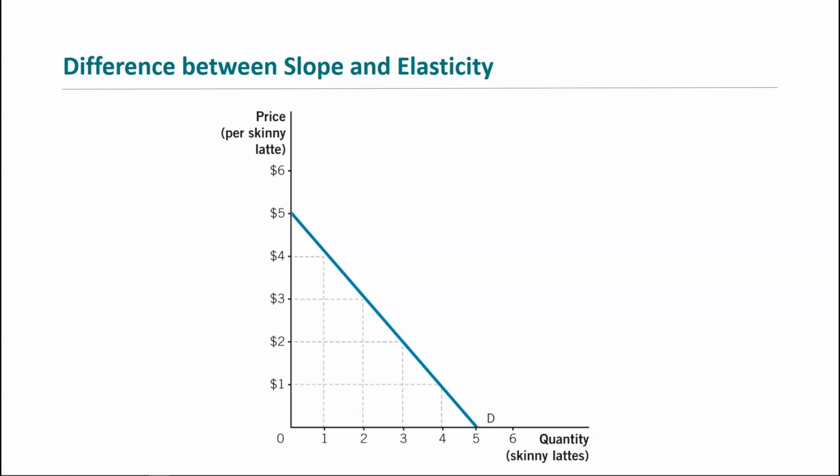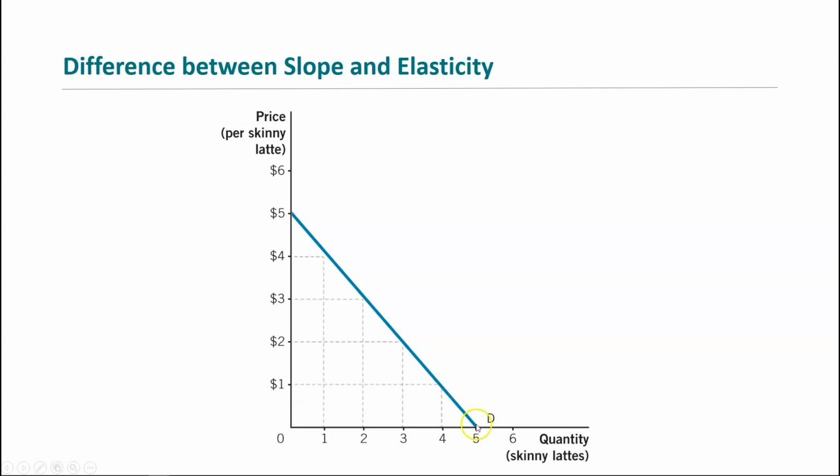If you're down low on the demand curve, your midpoint is going to be some low number, right? So even if you move from 5 to 4, that's a change of 1, but a percent change, it'll be 1 divided by 4.5, the midpoint. Versus down here, if you move from 1 to 0, I'm talking dollars here, right?